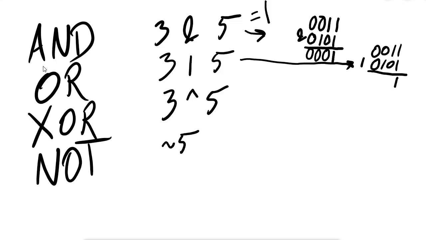That would be the number 1. Same here. One of them is true. So with OR, true or false is true, right? Because one of them is true. The same for this other digit. And this first digit, neither one of them is true. So we are going to set that to 0. So this equals the number 7, right, in decimal.